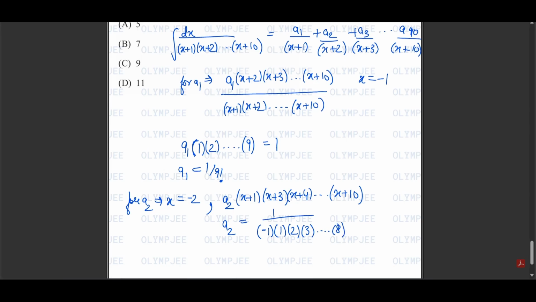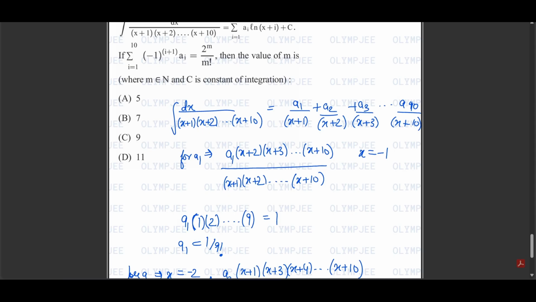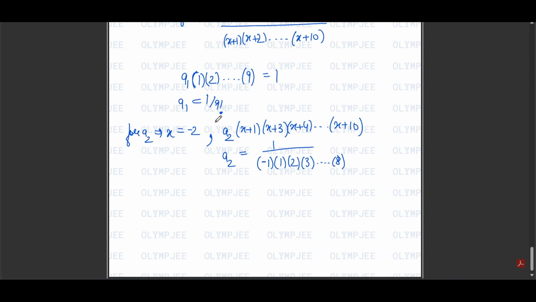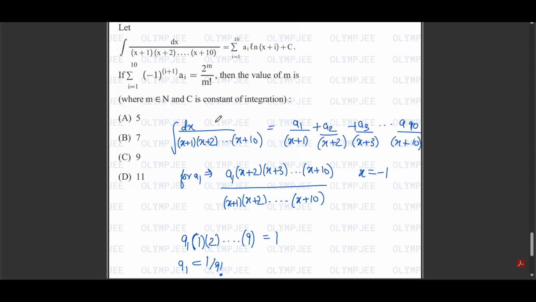And also see that the summation is giving something of the form 2 raised to power m, which is the result when we sum binomial coefficients, right? So this question has something to do with binomial coefficients, which is evident from 2 raised to power m, right?